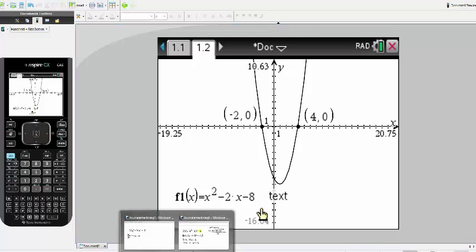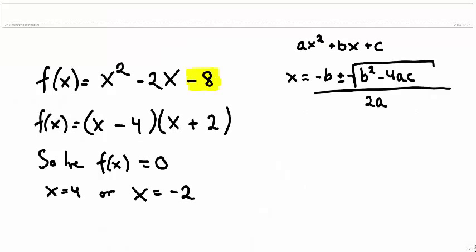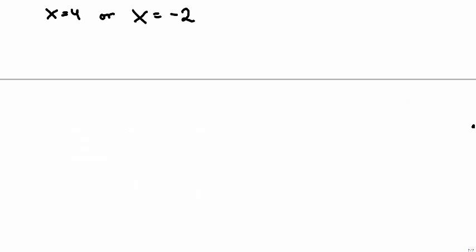Algebraically, it would look something like this. Let's have a look. So the y-intercept would be f of 0. Then we can write it out.